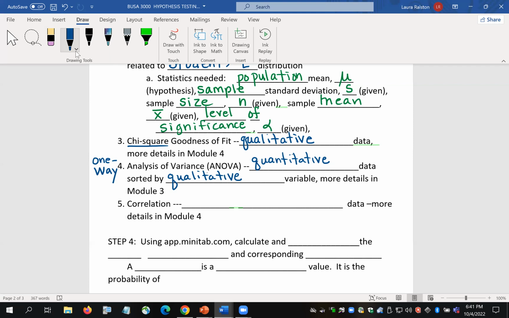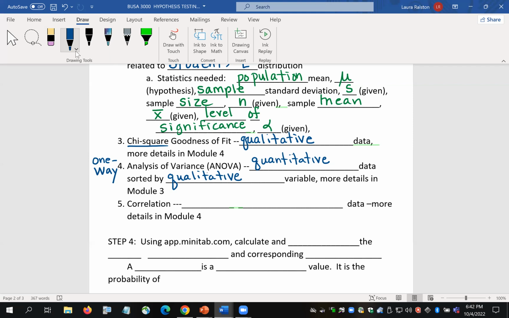Were they shipped by truck, by air, by sea, how they were shipped. So we look at the weights, which is a quantitative value, and we sort it by the qualitative.